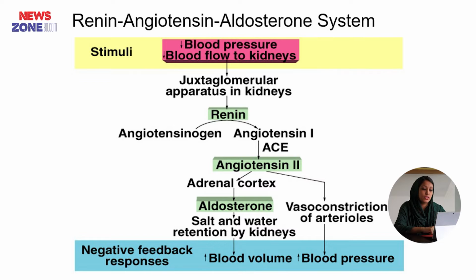Now, this angiotensin 2 acts on the adrenal cortex and causes secretion of aldosterone, and it also causes vasoconstriction of the arterioles. The aldosterone causes salt and water retention by the kidneys and increases blood volume, and vasoconstriction of the arterioles causes increased blood pressure.